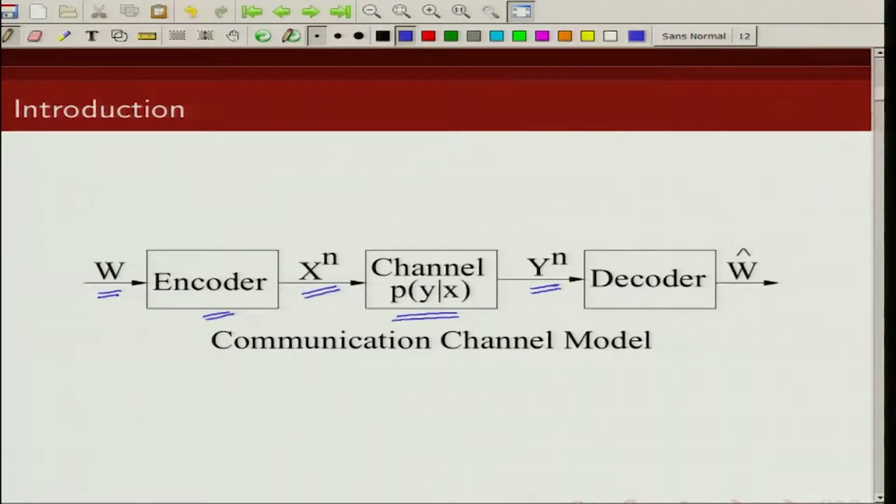Y^n are the received noisy code words, and the job of the decoder is to estimate what message was transmitted given the received sequence Y^n. An error happens if W is not the same as W hat, otherwise there is no error. So, this is the communication channel model that we are considering.